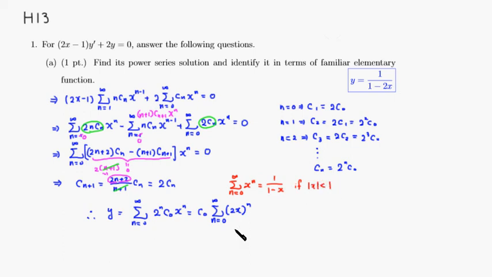So here we can write this as C0 times 1 over 1 minus 2x.